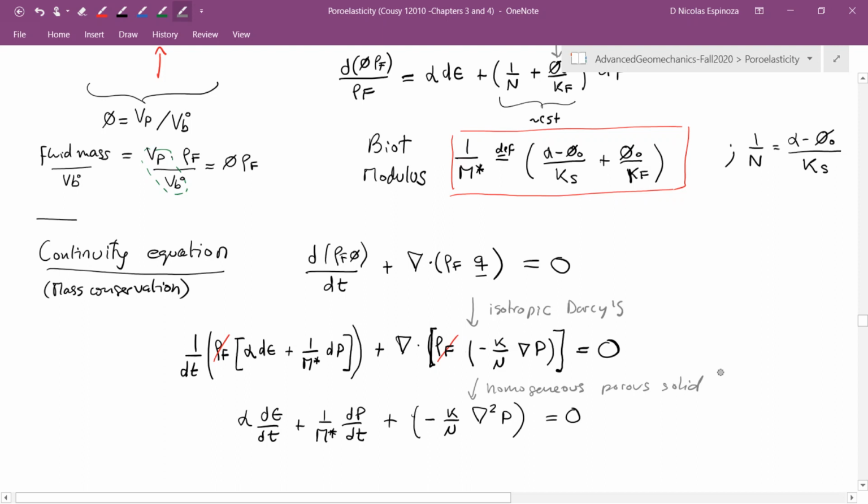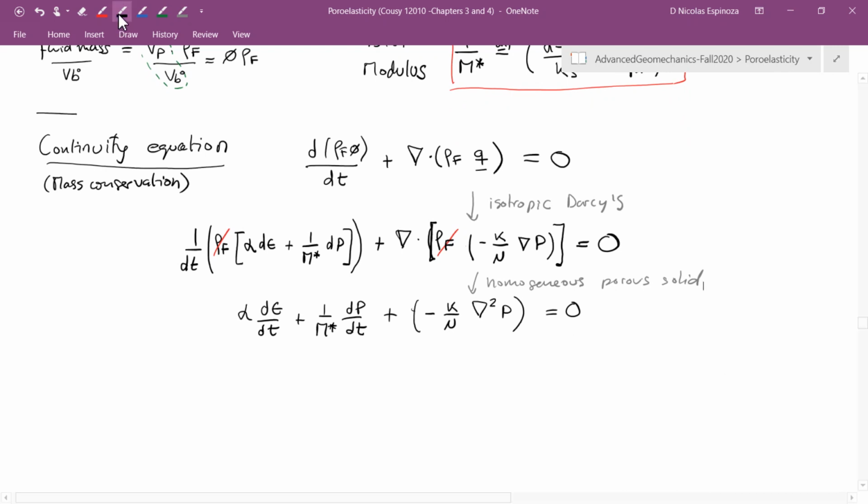Okay, let's do a little bit more reordering in this equation in order to get our final equation. Usually these diffusivity equations, we write them with the change of the variable that we're interested in as a function of time on the left-hand side, and the variable as a function of space on the right-hand side. So let me keep the pressure here as a function of time on the left-hand side.